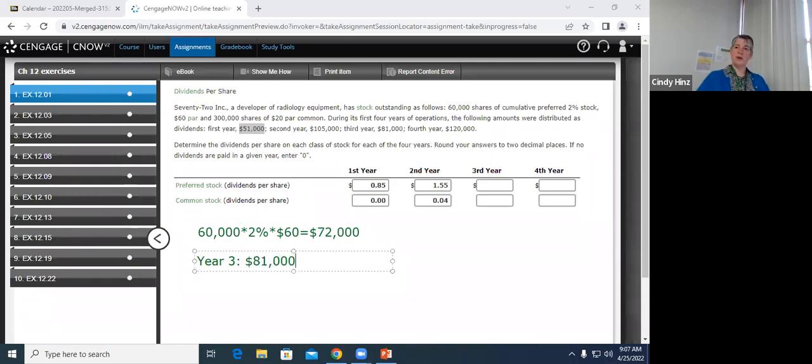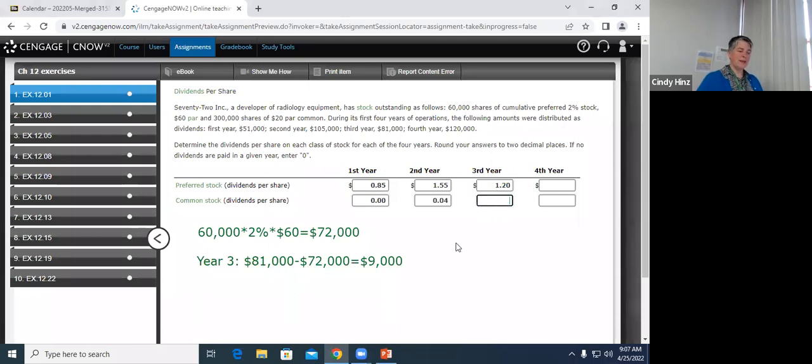So in year three, they have no dividends in arrears. So when they declare $82,000 in dividends for year three, what that means is the first $72,000 would go to the preferred stockholders. They would receive their full $1.20 per share.